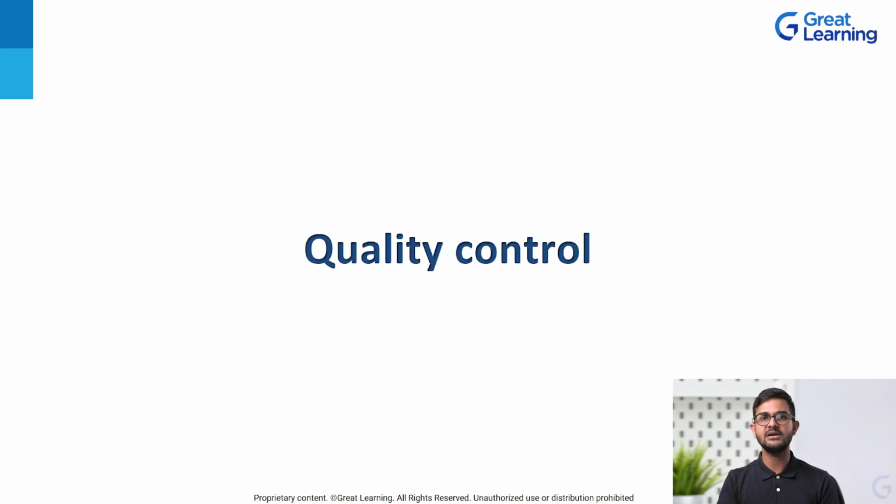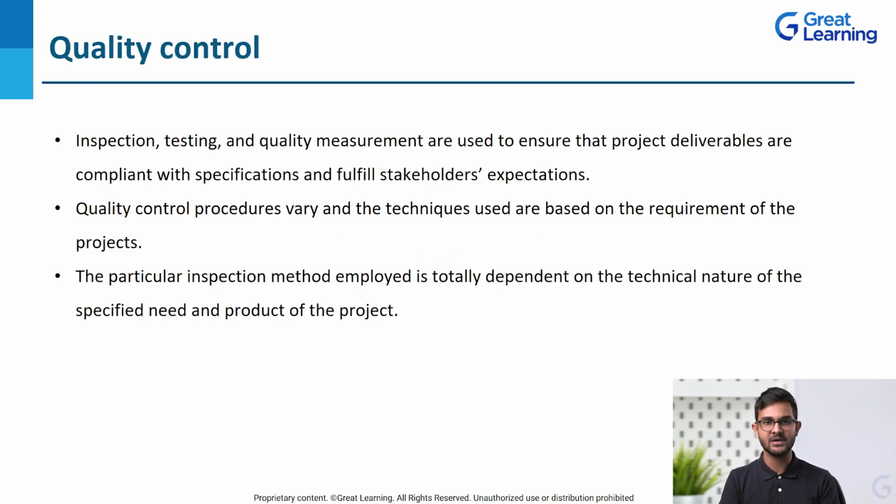Now moving forward, let's try to understand more about quality control, which is the last phase of this entire process of project quality management. So when we talk about quality control, point number one is inspection, testing, and quality measurement are used to ensure that project deliverables are compliant with specifications and fulfill stakeholders' expectations.